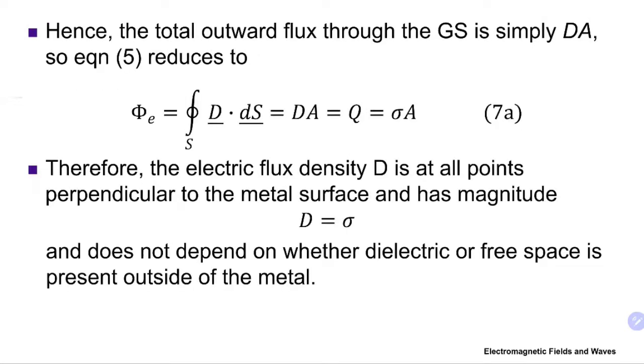So applying our Gauss law, the electric flux equals the closed surface integral of D dot dS, which equals D times A, because the electric flux density is in the direction of the vector surface S. Therefore we can simply take D times A equals Q, and Q, as I mentioned just now, equals sigma times A. And with that, we find that the electric flux density simply equals the charge density of the surface.